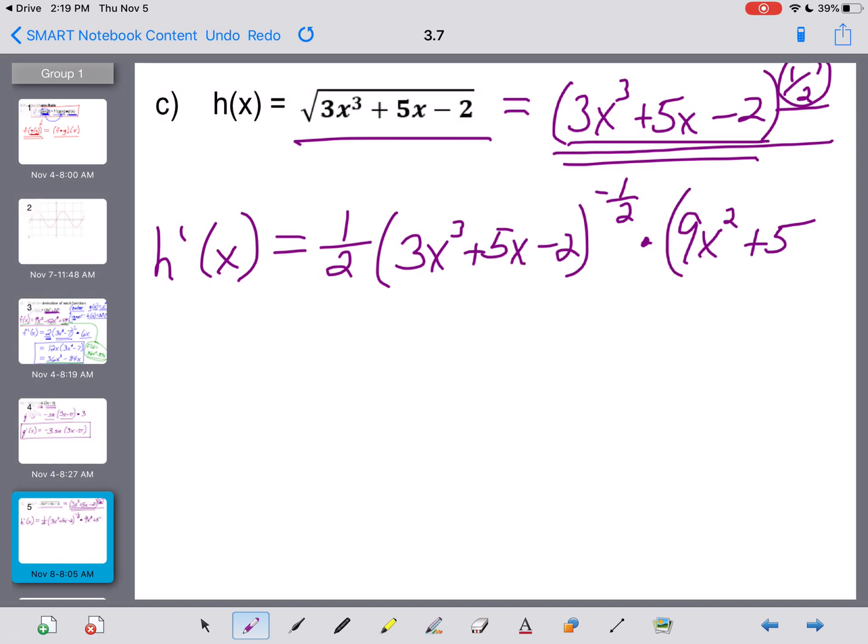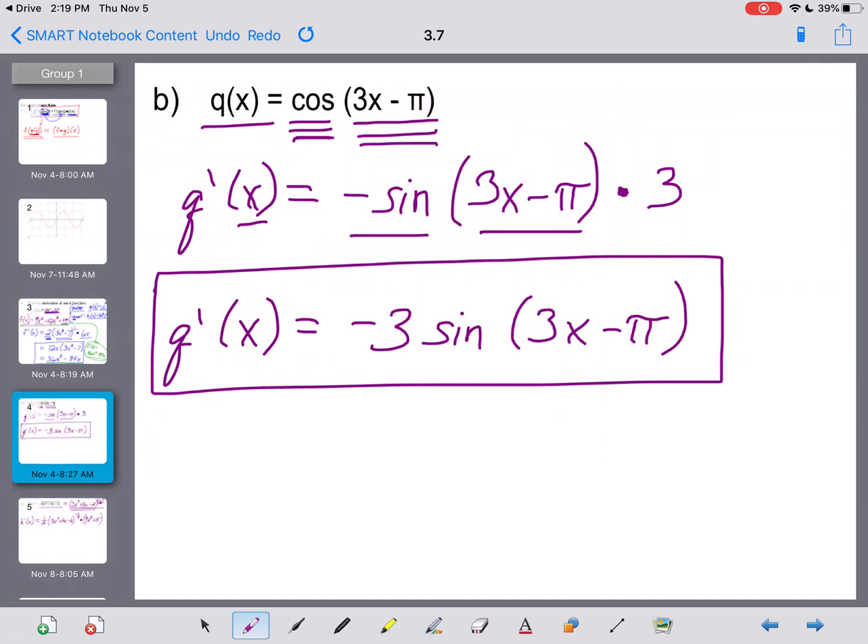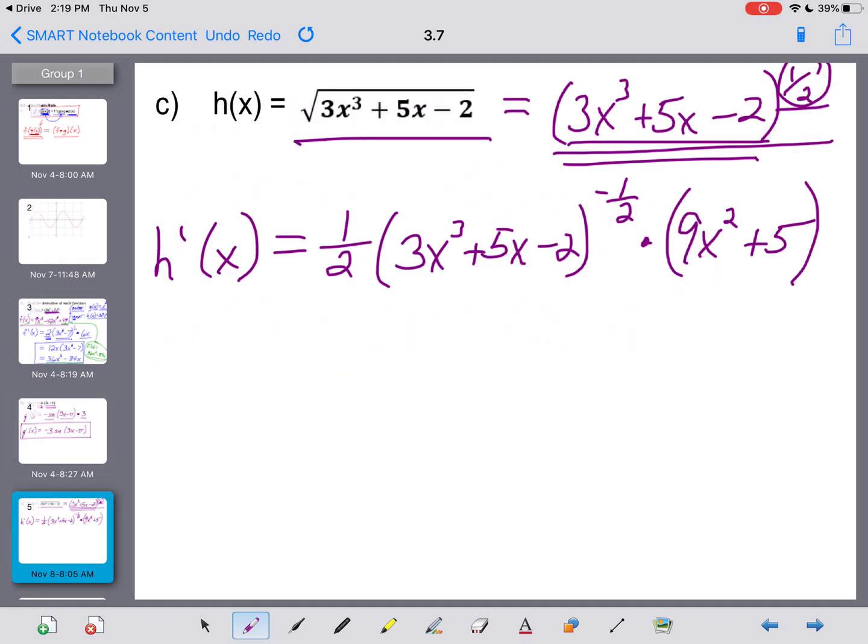Make sure you put parentheses around any polynomial. I didn't do that on the last problem. My derivative within was just a monomial of 3, so it wasn't necessary. But anytime you've got 2 or more terms, we really do need to have parentheses around that. Now, that right there is the end of the derivative. That's h prime. So we're going to get most of the points here already just for getting to that spot.